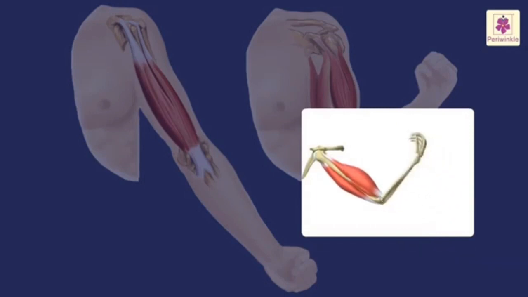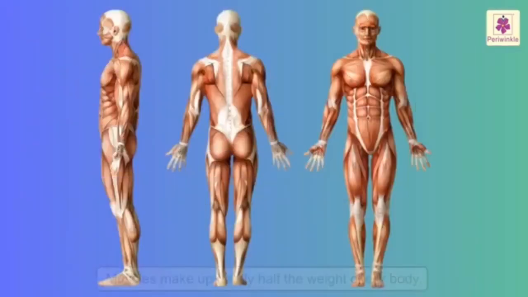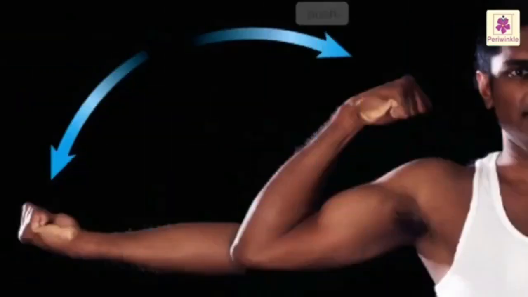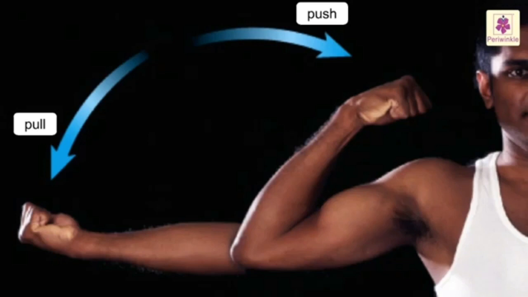These body tissues are called muscles. Muscles make up nearly half the weight of our body. They provide the push and pull which the bones need to bring about movement.